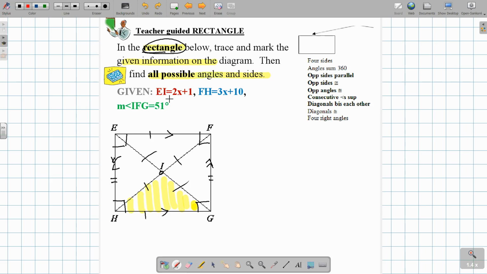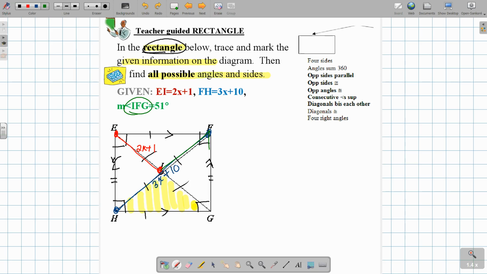Okay, so let's mark our given information on the diagram. We know E to I from here to here. If you can color code this, that'd be great. And F to H. And then IFG, excuse me.